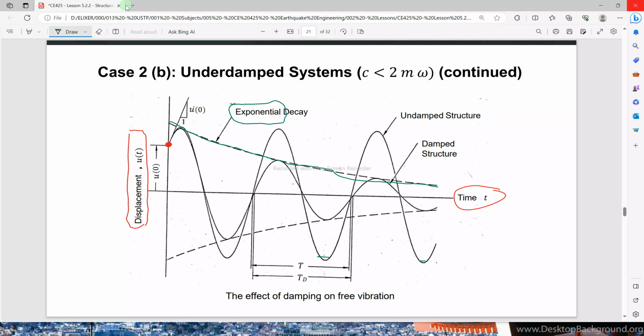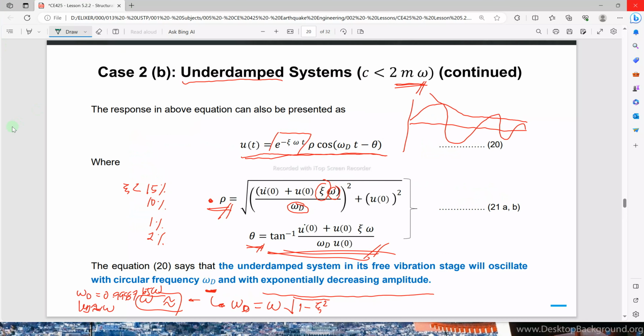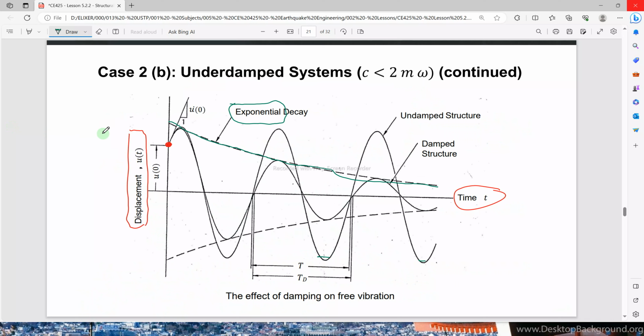There is an equation that is exponential. There is an exponential decay as shown by this one, the decay function of xi. So that is the behavior, and then eventually it will come to a stop.